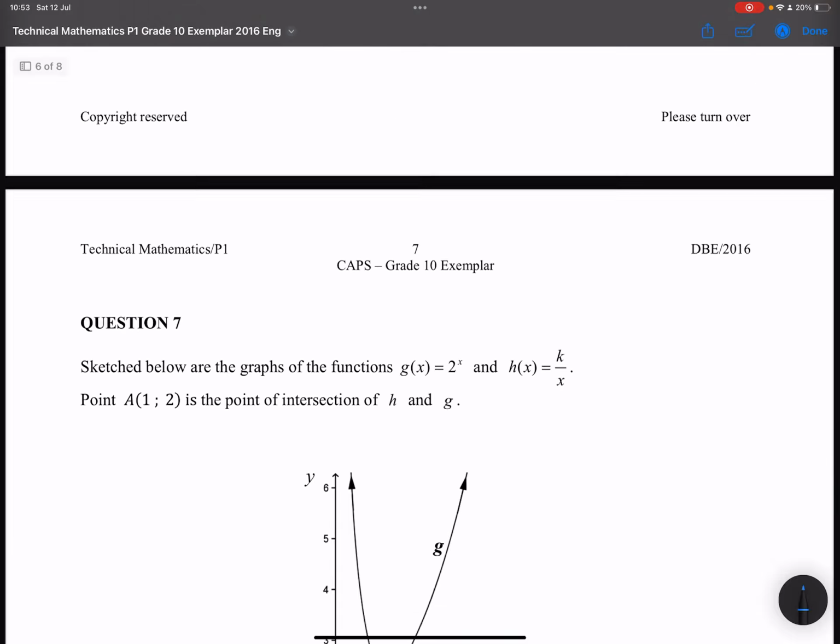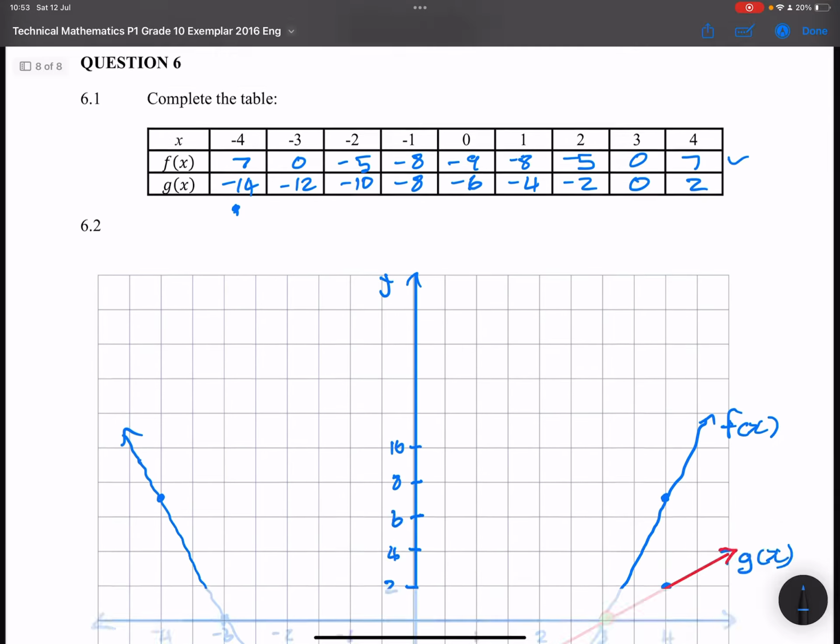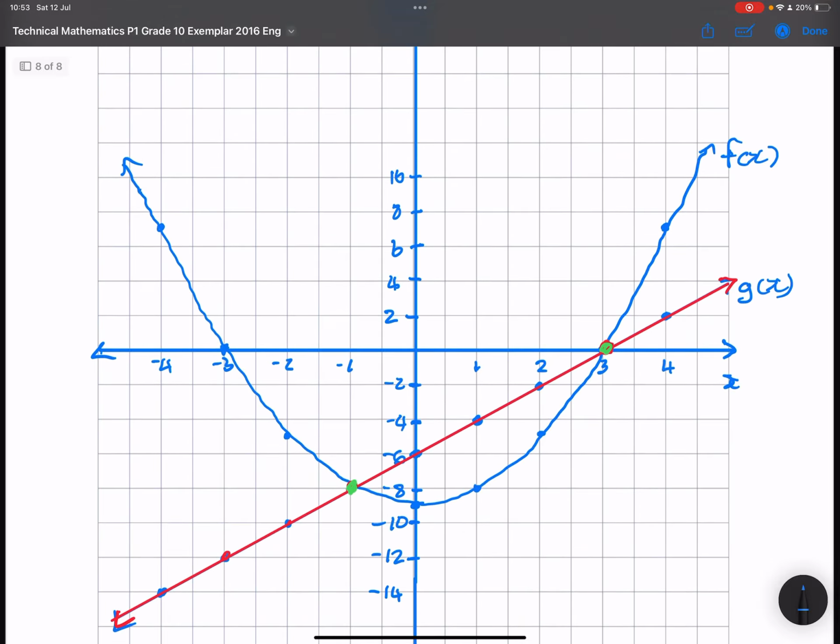You could have noted that on your graph as well, just to see where the difference is. When you interpret it from the graph, the f of x graph needs to be above the g of x graph. So where are they 3 units apart?